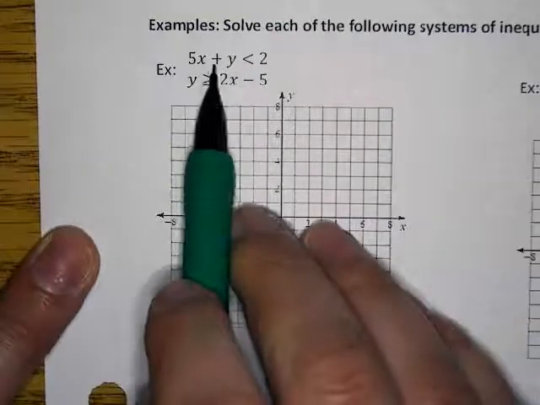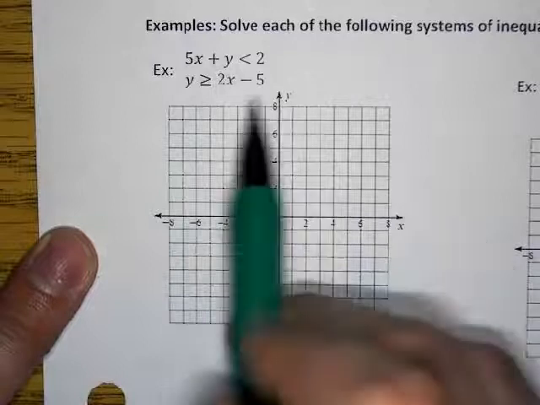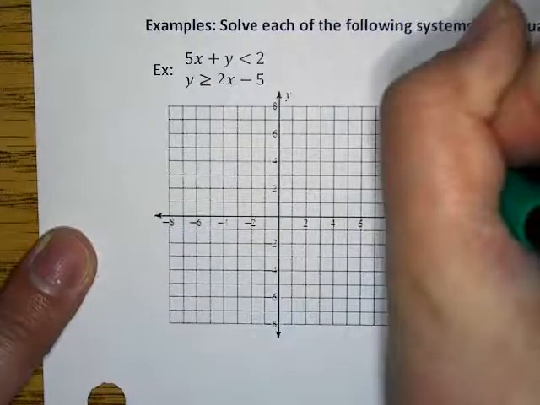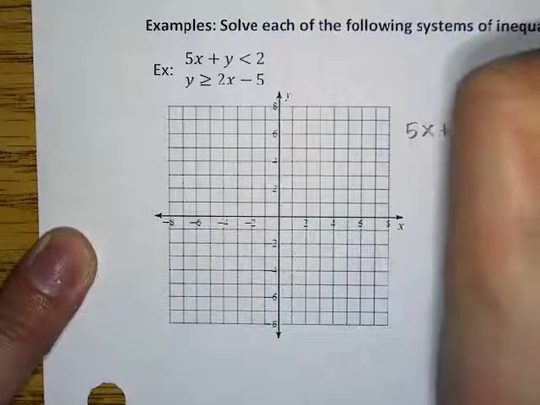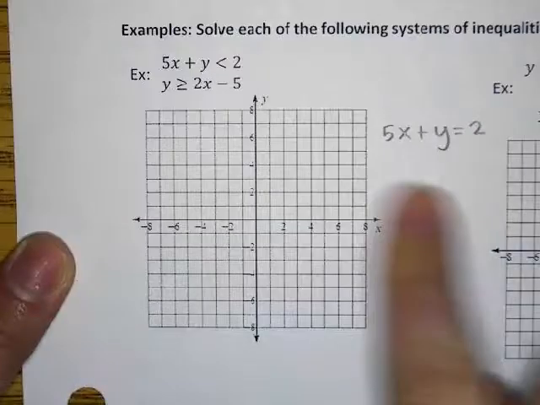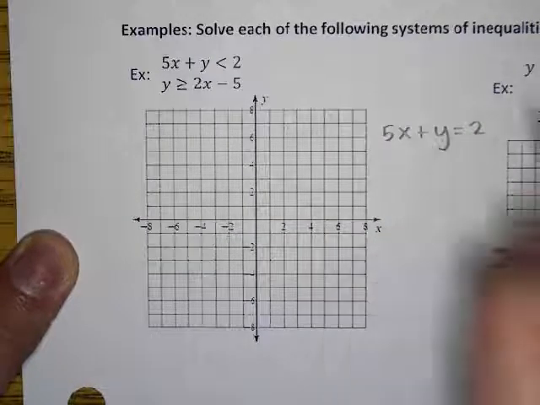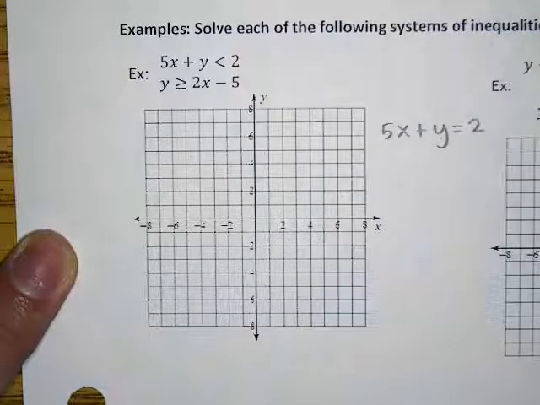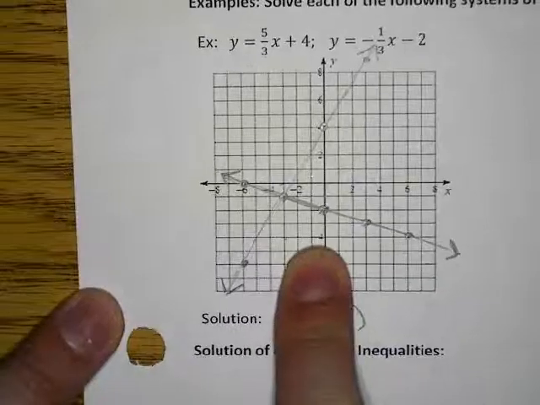So for the first example, we have one inequality that's written in standard form. So we have to get the y all by itself. I'm going to go ahead and, off to the side, write it with an equal sign because for me that feels a little bit easier to solve. I want this to look like the previous problems that we talked about before, where when we graphed them we had y equals mx plus b.